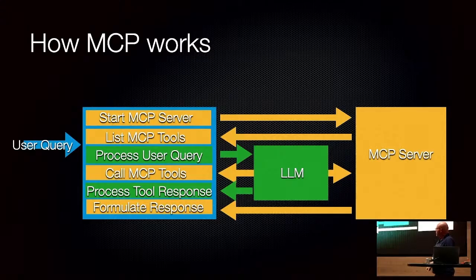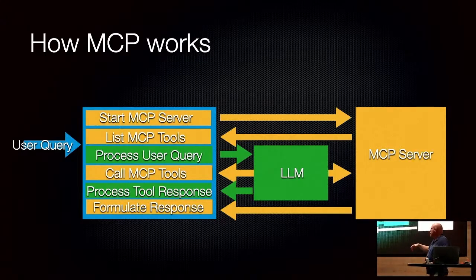And then when it sends the queries to the LLM, it says, hey, here's the prompt that I got from the user, and here are all the tools. Here are all the things I know how to do. And so when the LLM responds, sometimes it's just going to respond with text, right? And sometimes it's going to respond and say, call these tools. All right. And so it says, you know how to do these things? I need you to do these things, right?